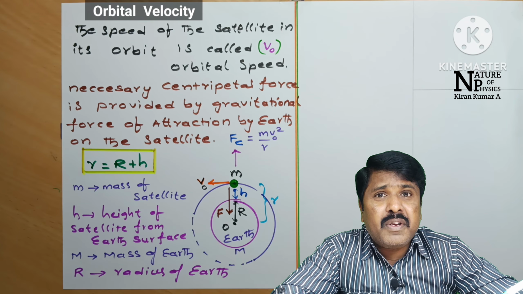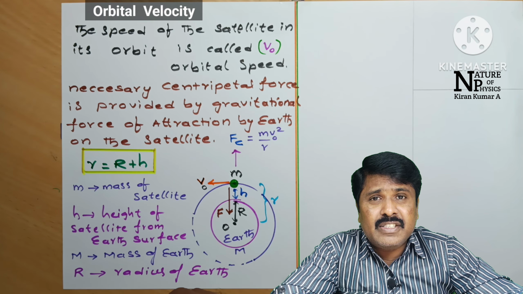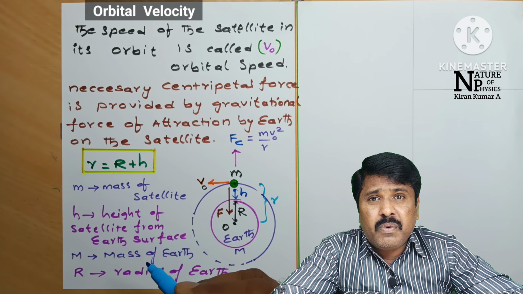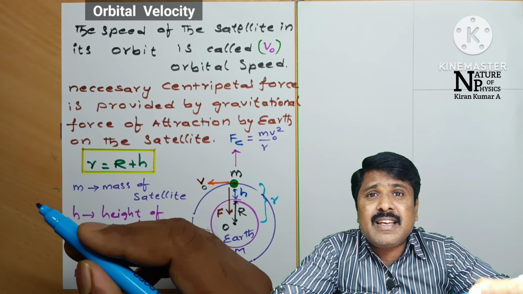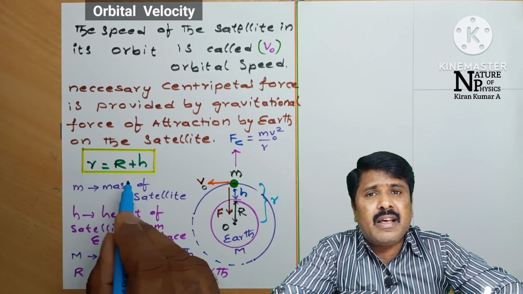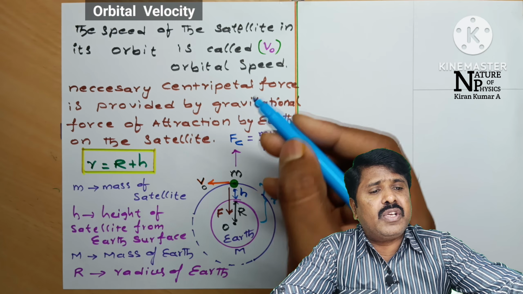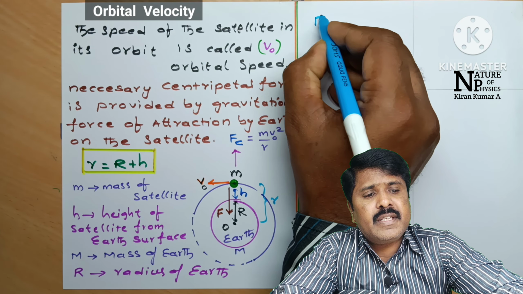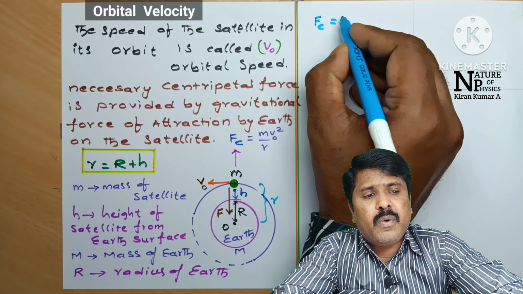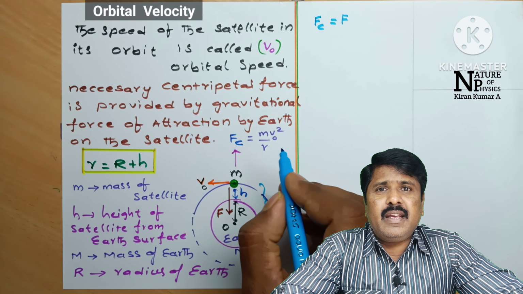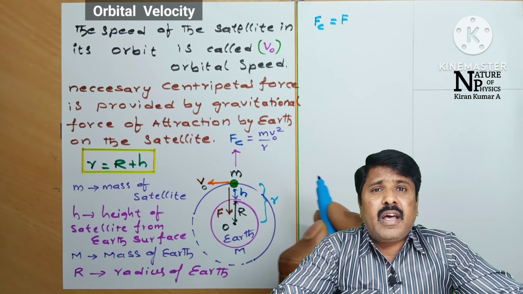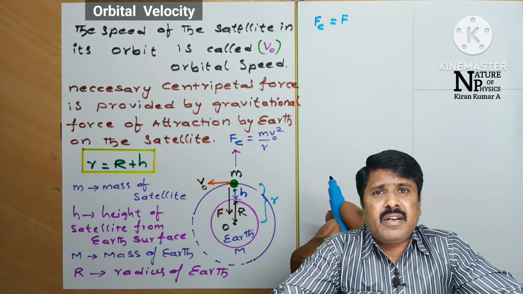The gravitational force provides the necessary centripetal force, and the condition is Fc equal to the gravitational force F. Both are equal in magnitude and opposite in direction.